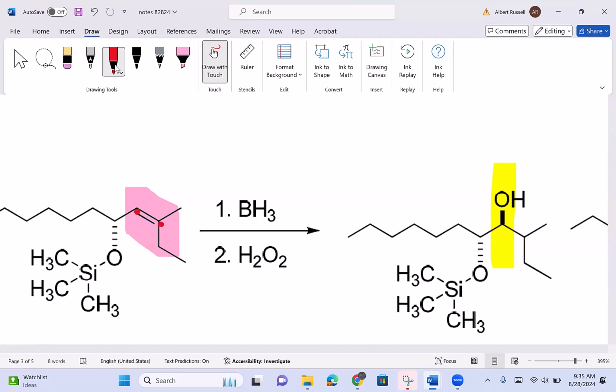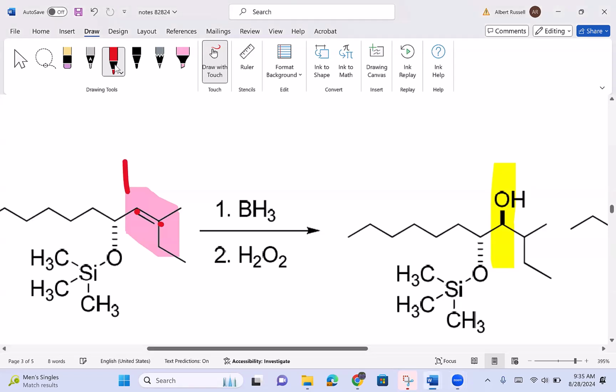Which one? Left. On the left? Yes. That's the most substituted carbon in that alkene. The one on the left is the least substituted. The one on the right is the most substituted.